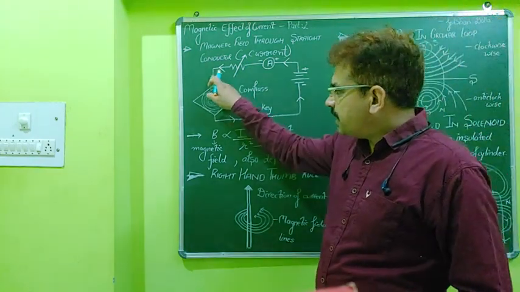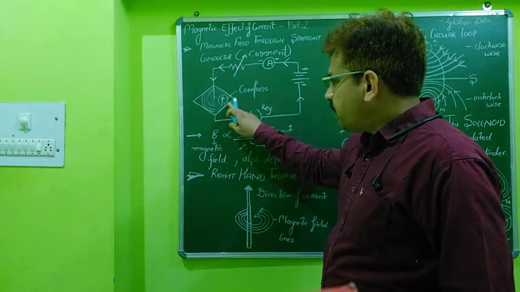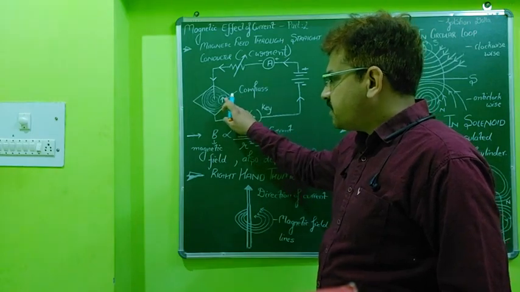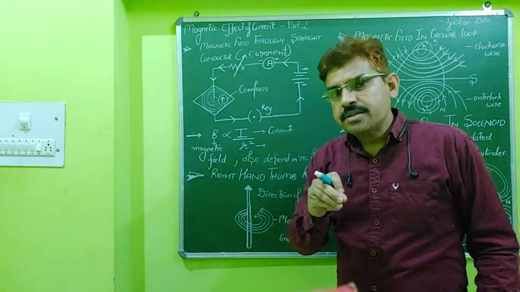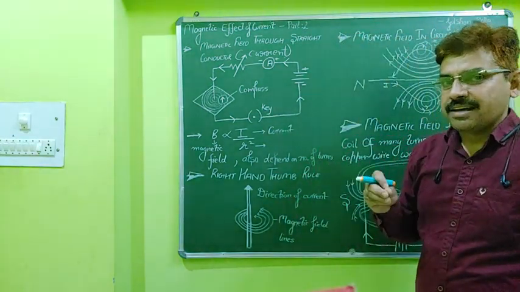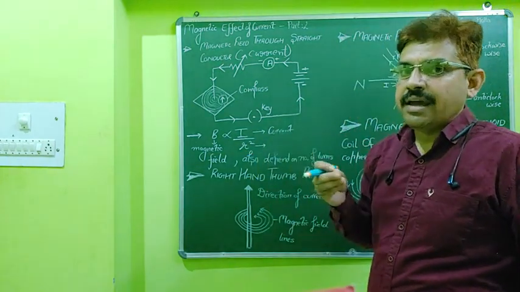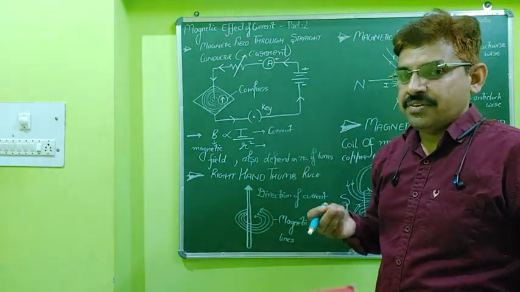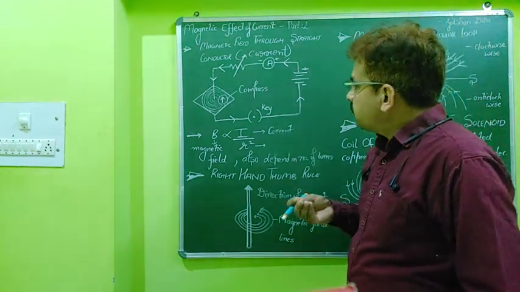So what will happen when the current passes through the straight conductor, and we put a compass needle near the straight conductor? When the constant current passes through the straight conductor, that compass needle gets deflected. So why is there deflection in the compass needle?